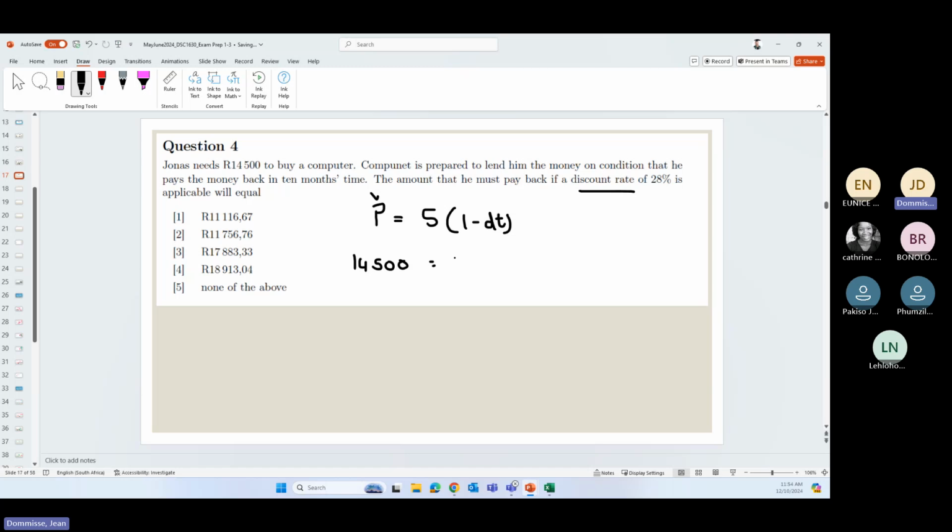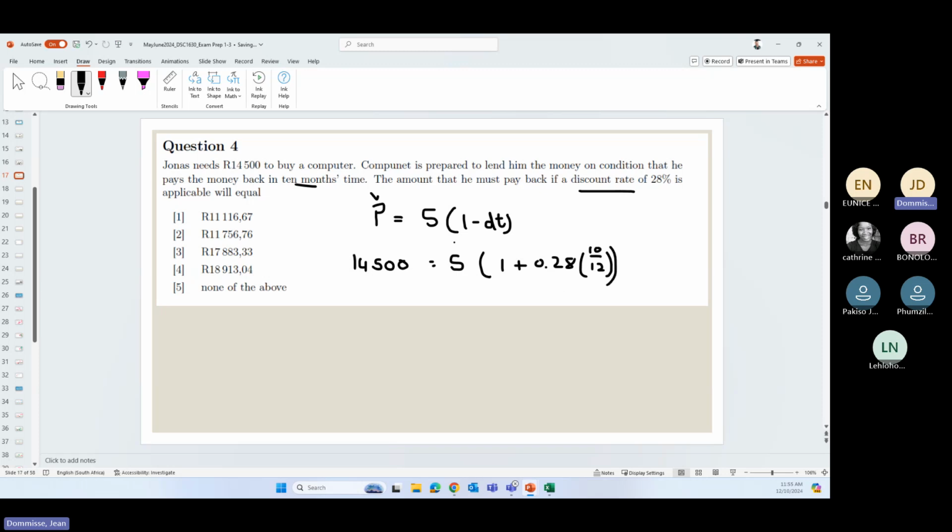We need to work out the future value. We know it's 1. The discount rate they told us is 0.28. And then they said to us, pay back in 10 months' time. So the period is not a year, it's 10 over 12.